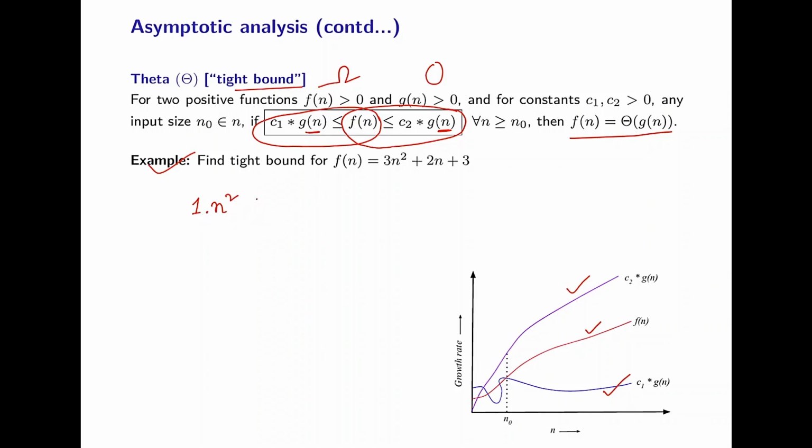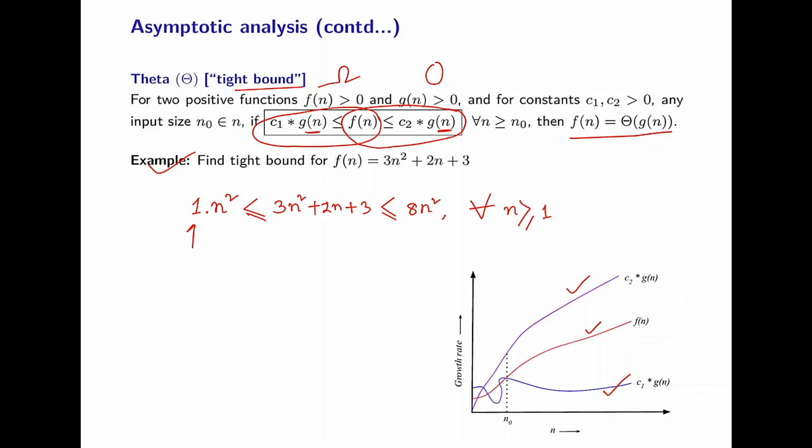So 1 into n square is less or equal than 3n square plus 2n plus 3 is less or equal than, here if I write 8n square, it will be true for all values of n greater than or equal to 1. Yes, you put the value of 1, you will see that this is going to be true. N equal to 2, then also it will be true. Means for all values of n greater than or equal to 1, this is going to be true.